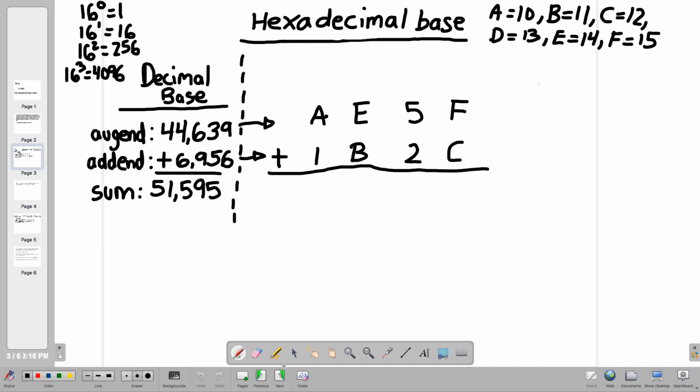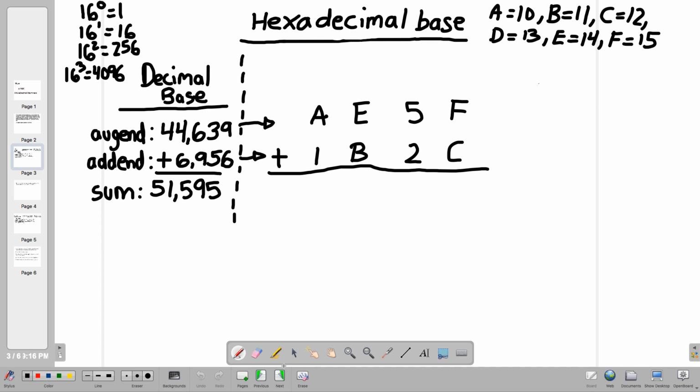If you look at the top right, we have A is 10, B is 11, C is 12, D is 13, E is 14, and F is 15. This is because we're dealing with the hexadecimal base.